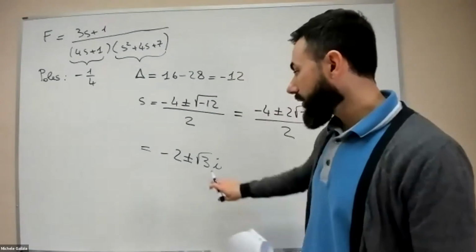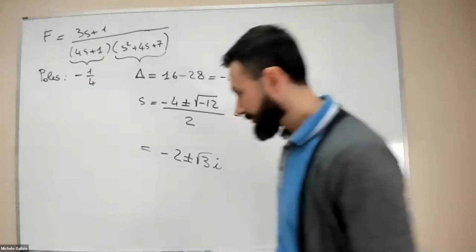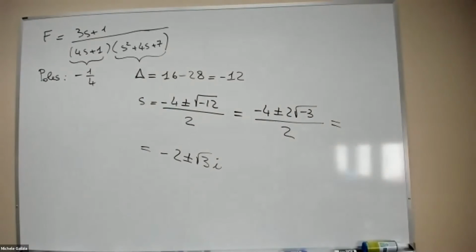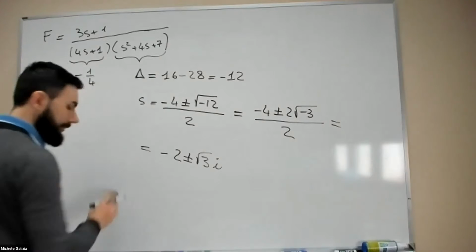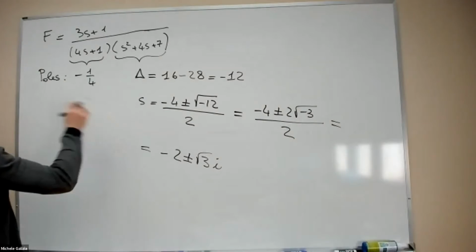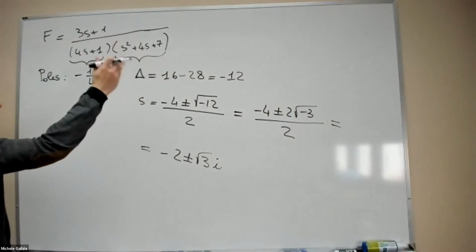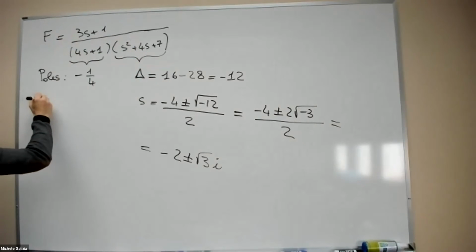Does this make sense for everyone? Yes. Okay, so we have complex poles. So as a general rule, just remember that this system will probably respond in an oscillating fashion to any disturbance, and we will see this very soon.